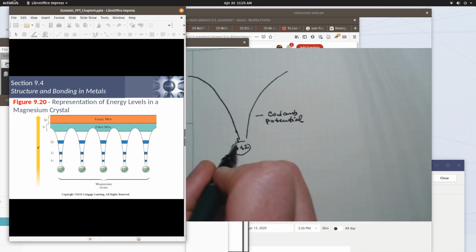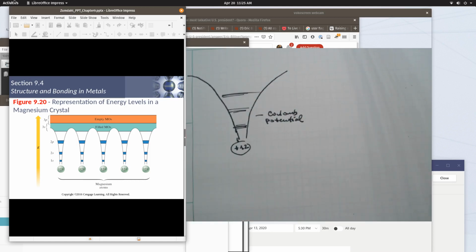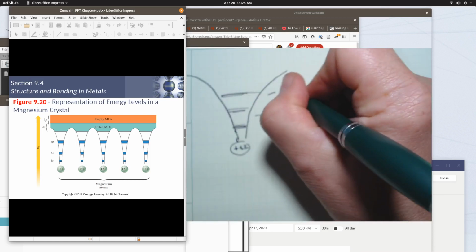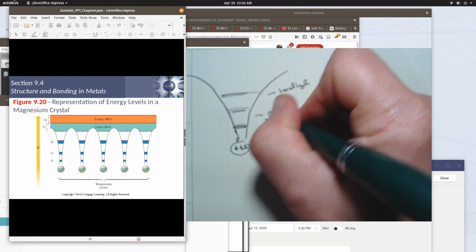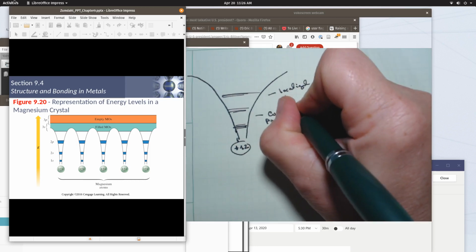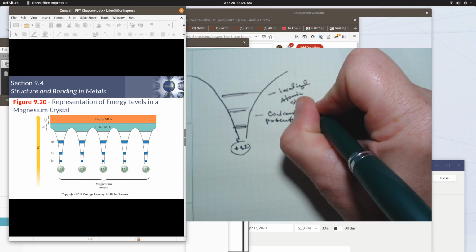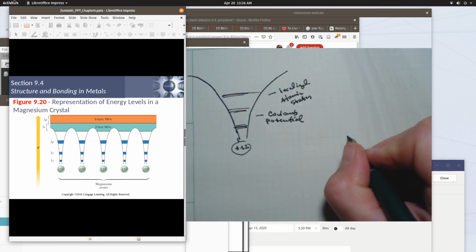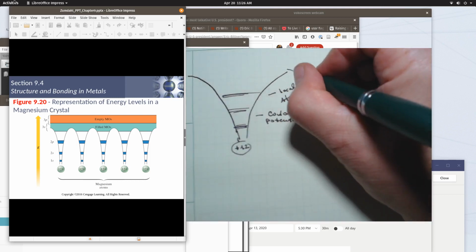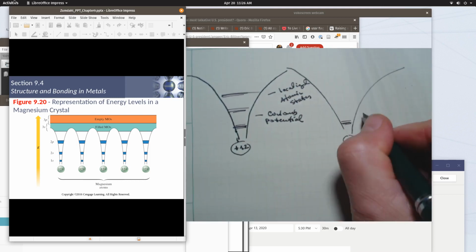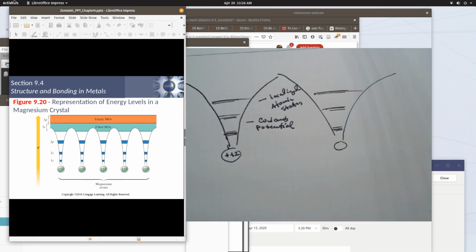Just like that, it has energy levels that are localized. So the energy levels inside the well are localized atomic states. But if I have another atom over here, it also has a Coulomb potential, and it has equivalent levels of localized atomic states over there.